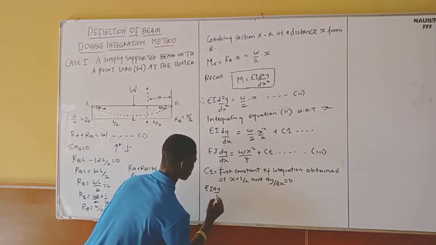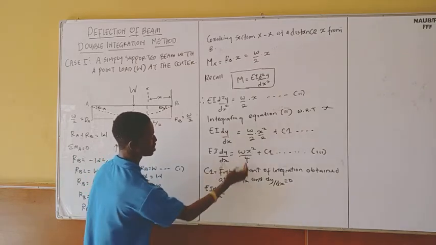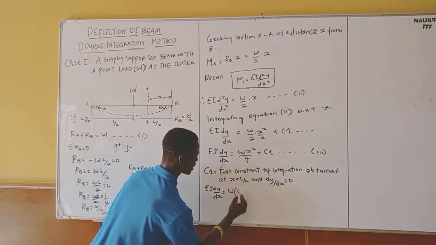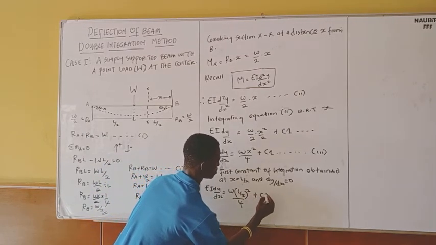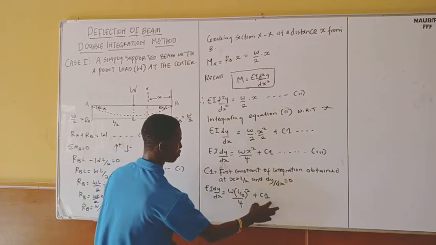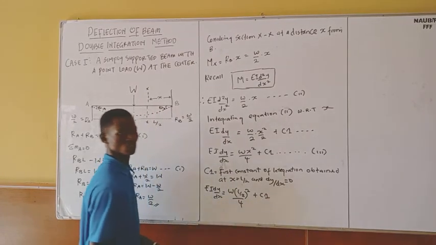So by doing so, I'm going to have EI dy dx equals to, now I know that my x is L over 2. So W into bracket L over 2 squared over 4, then plus C1. I'm trying to find the value of my C1. But don't forget that my dy dx is also equal to 0.